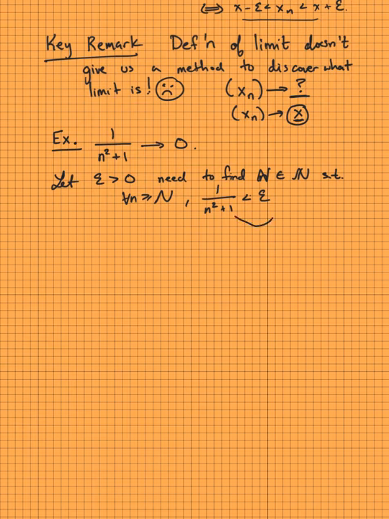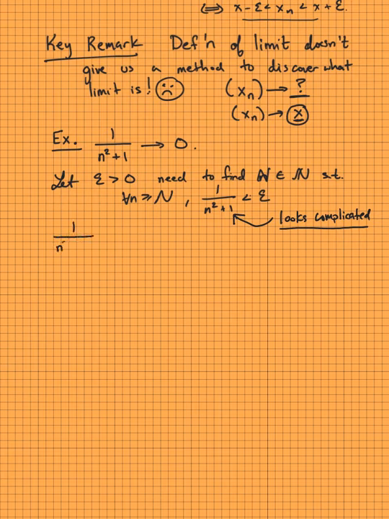So n squared plus 1 looks complicated, in the sense that it might be difficult to try to solve for n, okay? So what you want to do is to simplify your life and reduce to something that we already know, okay? And here we can do this, right?